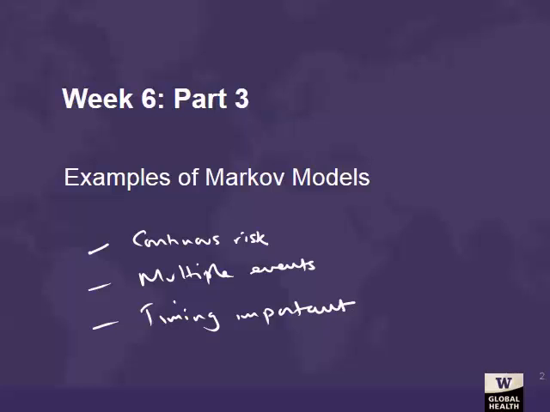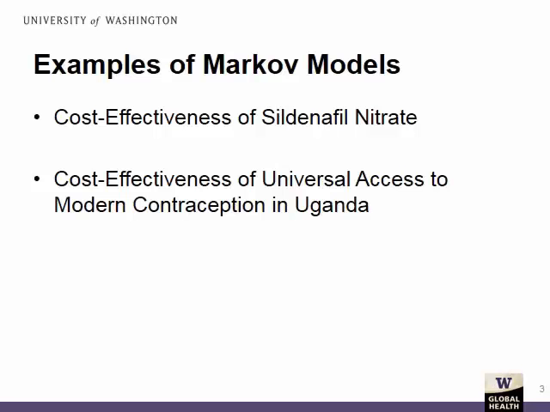And we talked about how they are divided into states and how to build an analysis using Markov models. So let's look at examples of how these modeling methods have been used in the literature. So we're going to use two examples. One is the cost effectiveness of a medicine called sildenafil nitrate, and a lot of us know it as Viagra.